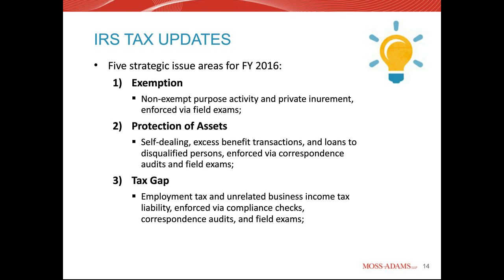That excess could be considered an excess benefit transaction. They're looking at that. Loans to disqualified persons. And this is going to be looked at through correspondence audits, where you get a letter, sort of like a questionnaire to fill out. They may want information. Then it may lead to audits and field examinations.